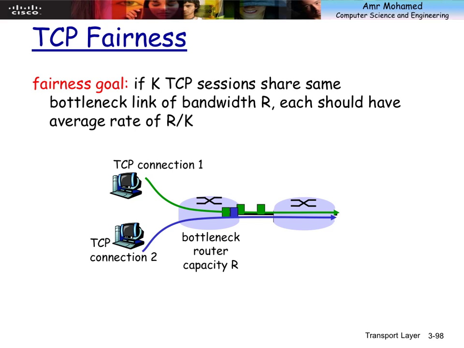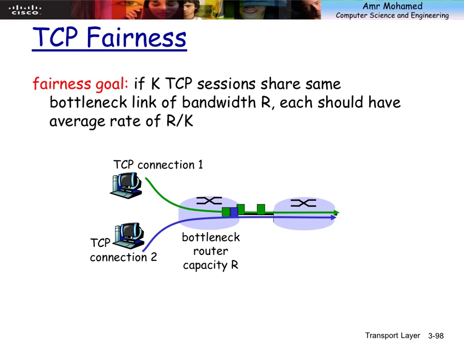The way that you measure that is either analytically or through simulation. One of the things that we want to see here is whether, in fact, TCP with this congestion control technique provides fairness or not. And the good news is that, in a way, it does.